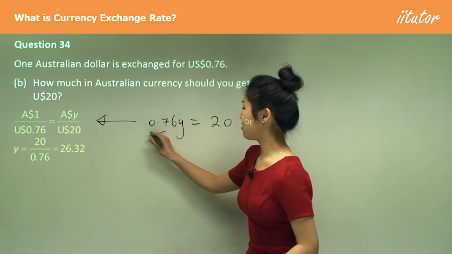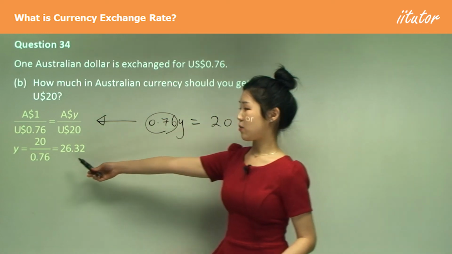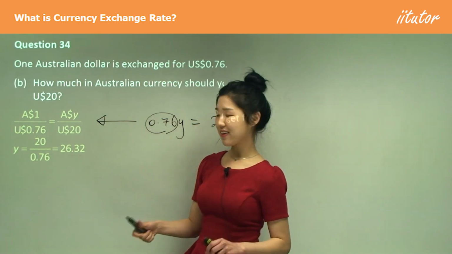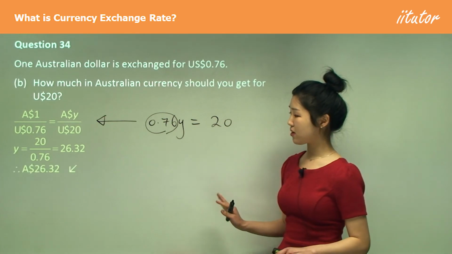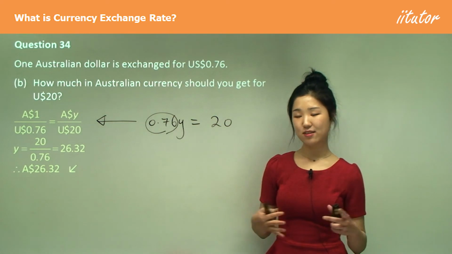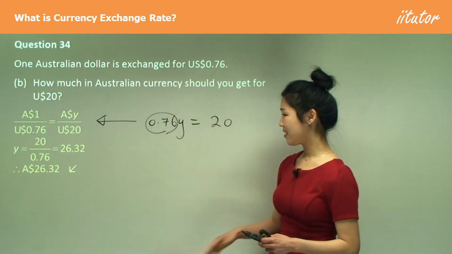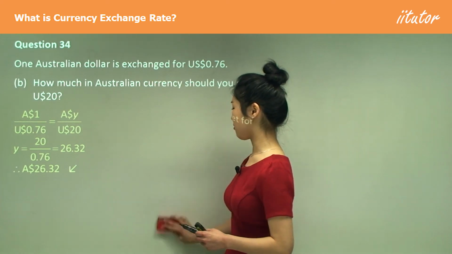And then I need to get rid of this, right? So I just divide by 0.76. That's what I have here. You can just plug that into your calculator and that's what you should get. So the final answer should be written like this: Australian $26.32. That's all you need to say. Okay, so again, just using ratios, just our usual stuff, nothing different.